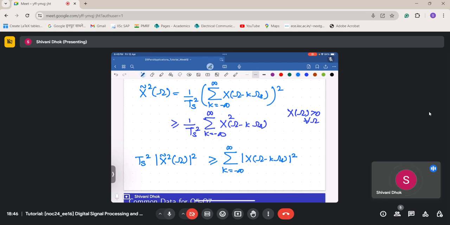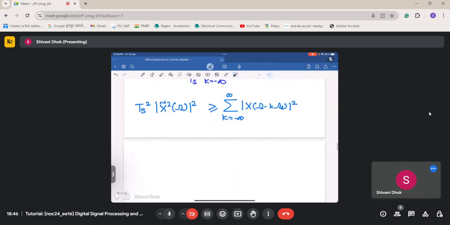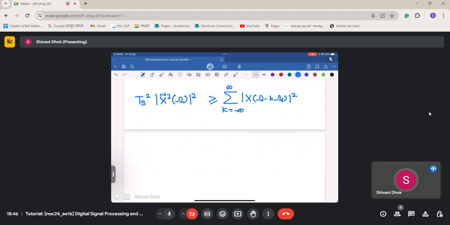Now what we'll do, we'll integrate on both sides over a unique range of omega for this particular thing here. So we'll integrate it.